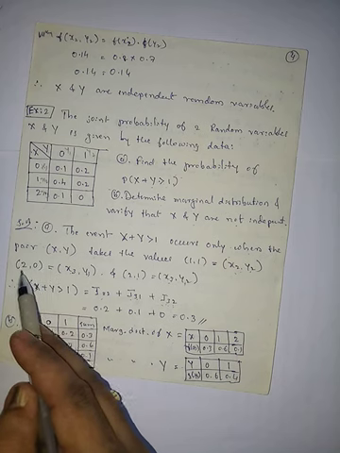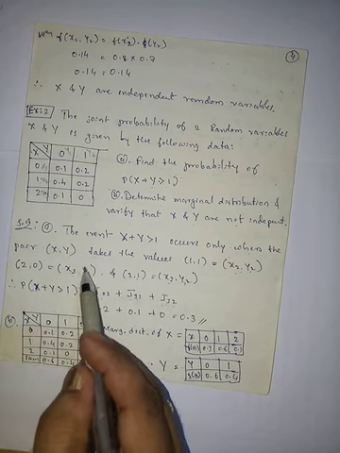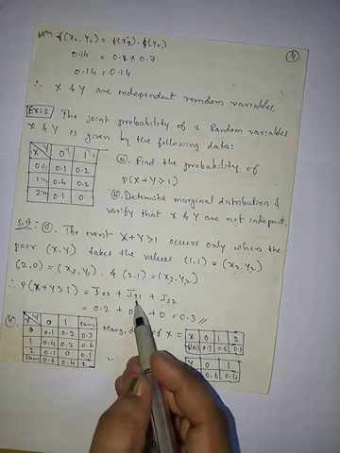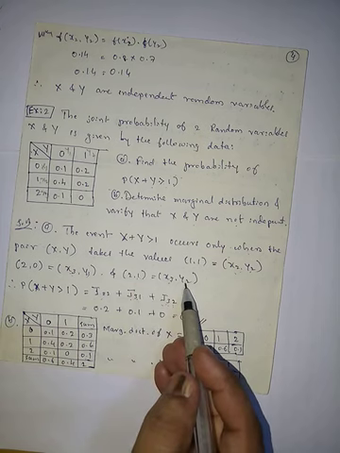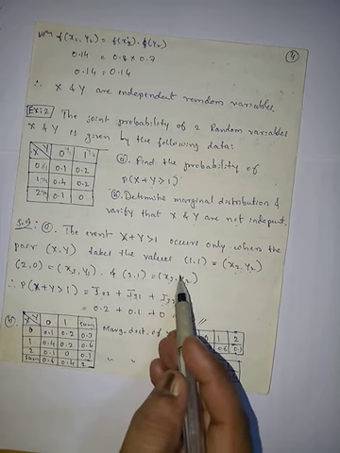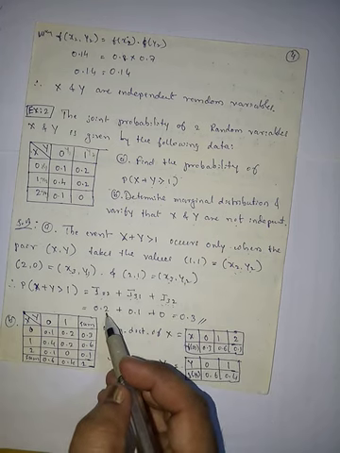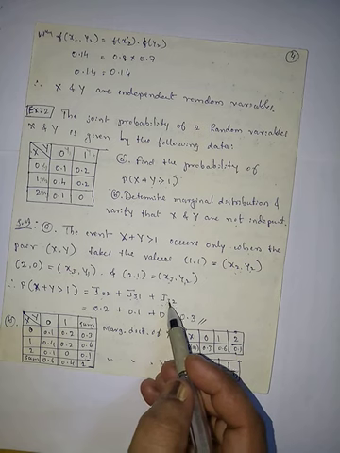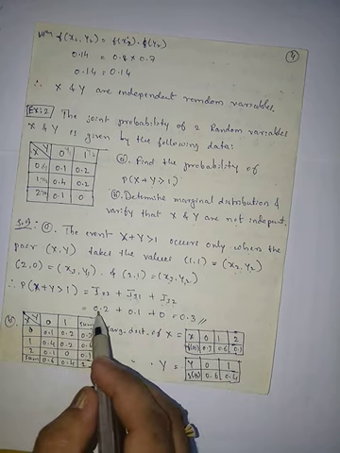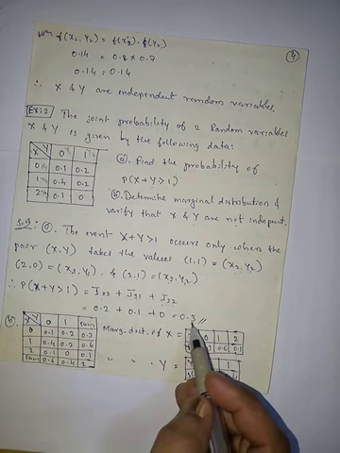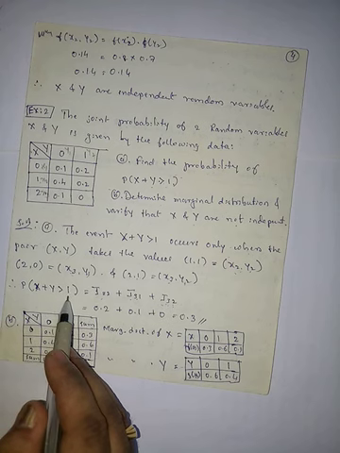Then 2 0: 2 is x3 in the table, 0 is y1, therefore the joint probability is j31. Then 2 1: 2 is x3, 1 is y2, so the joint probability of this combination is j32. So j22 value is 0.2, j31 value is 0.1, j32 value is 0. By referring to the table we write the values, and this sum is 0.3. This 0.3 is the value of the probability of x plus y greater than 1.